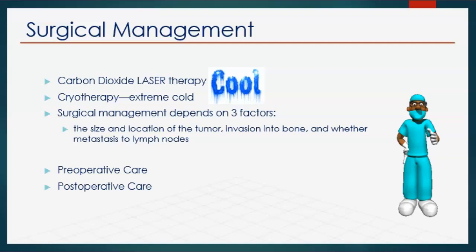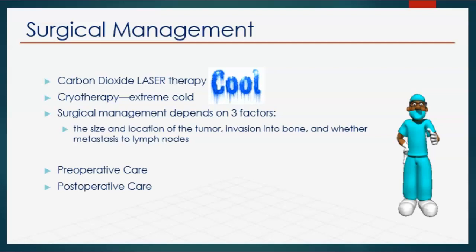Cryotherapy can be used also, and it's extremely cold. So one is heat and the other is extreme cold. For cryotherapy, you can use liquid nitrogen, liquid nitrous oxide, or argon gas. So there's just different things.